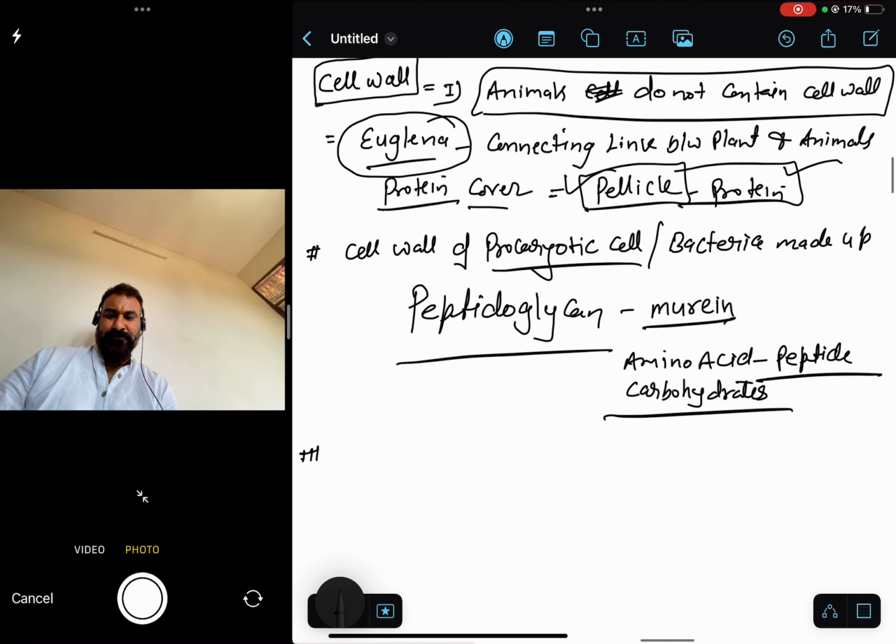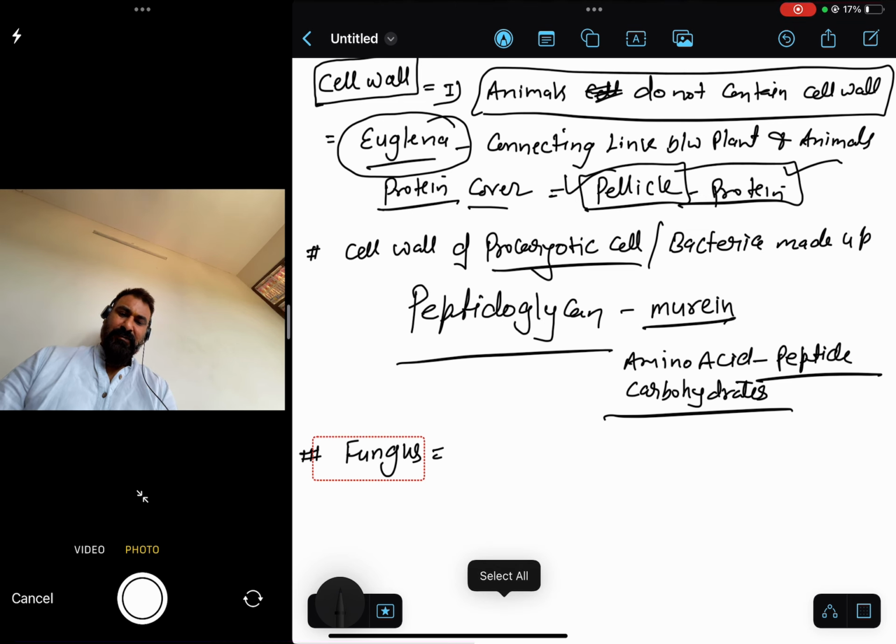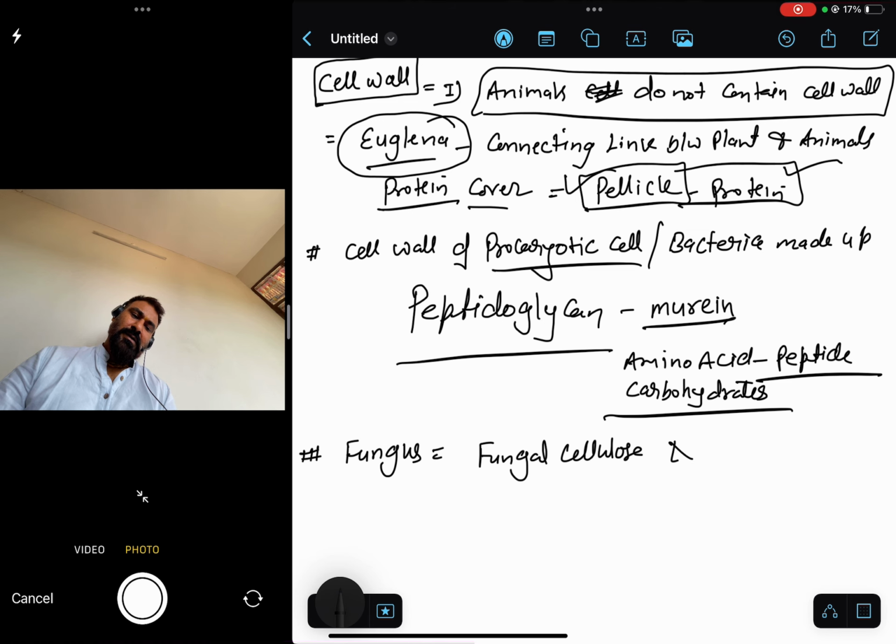Let us discuss the third, that is fungi. The cell wall of fungi is made up of fungal cellulose and chitin, a polysaccharide. What is cellulose?